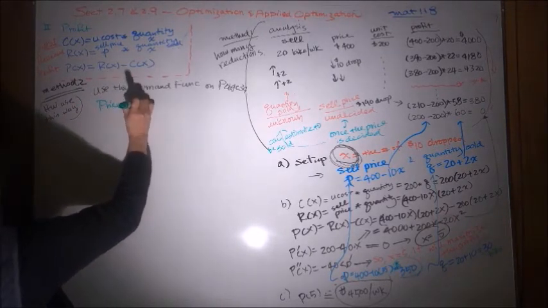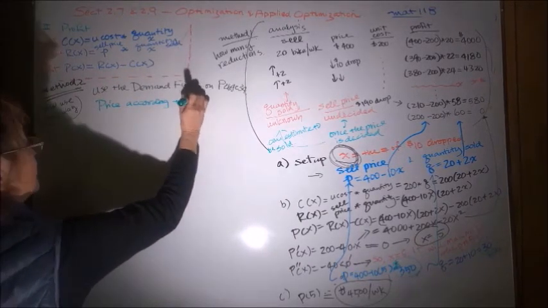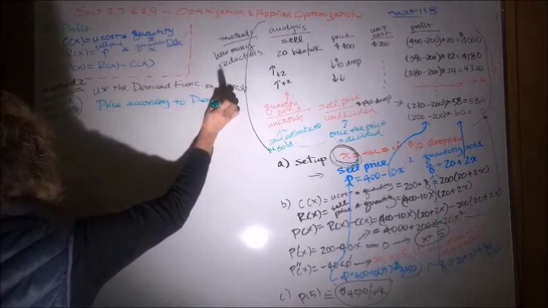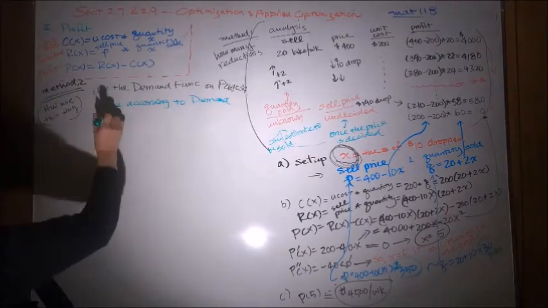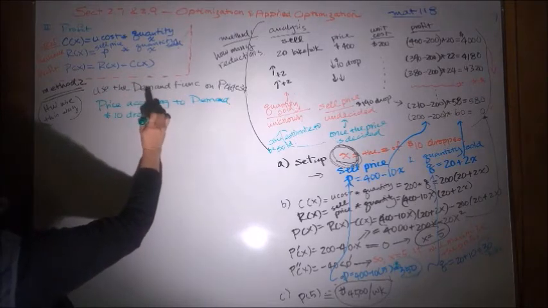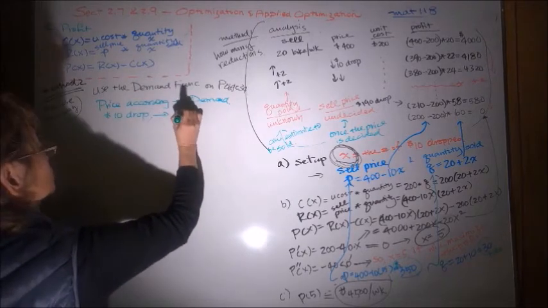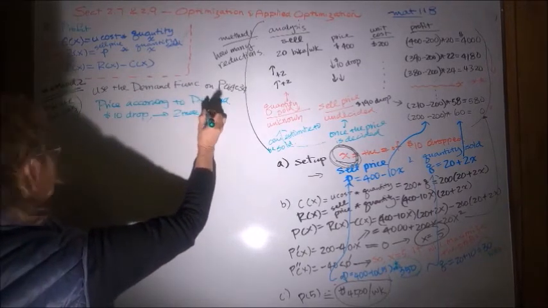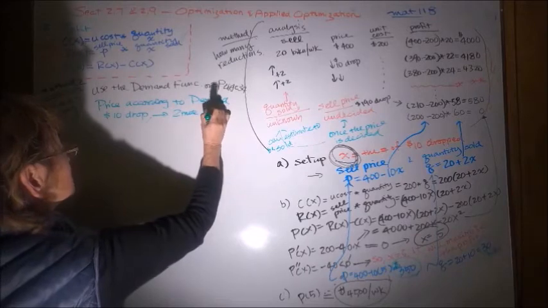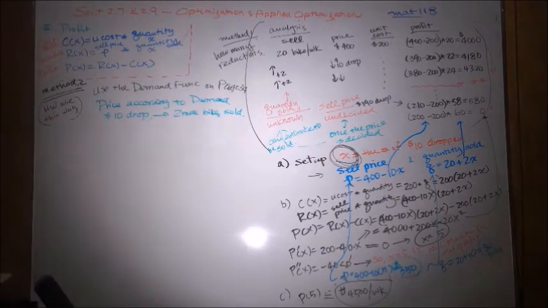Price according to demand, right? Then it's saying what? A $10 drop, you will have what? 2 more bicycles sold, right? That's what it's saying in the demand function.